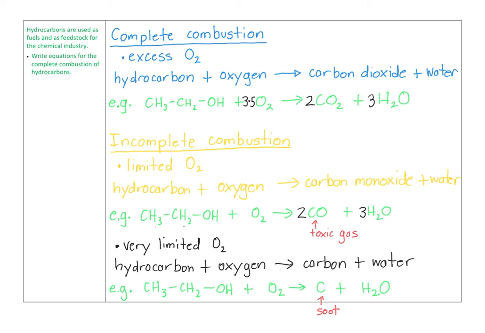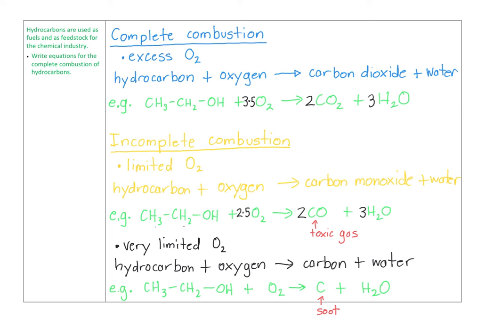So still 2 carbon, 2 carbon, 6 hydrogen, 6 hydrogen, and now we have 2 oxygen on this side, 2 oxygen here, plus 3 for the 3 waters, so there's 5 oxygen there. So now we need 2.5 moles of O2 to give us 5 moles of oxygen atoms.